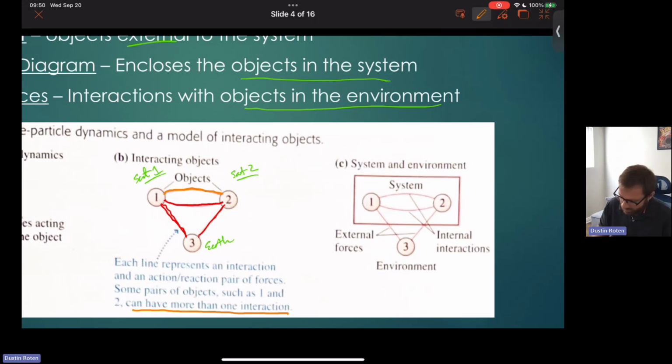Here our system is defined as just the satellites. That's what we're interested in. We know the Earth is there, but it doesn't matter. We don't want to know what the Earth is doing, we want to know what these satellites are doing. So now we have two internal forces as shown here, the tether and gravity between these two objects. But then we have external forces, and that would be the gravity between the satellites and the Earth.